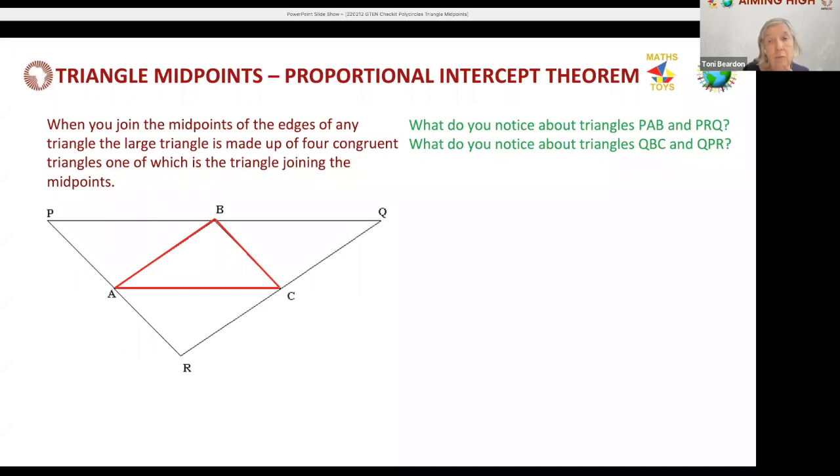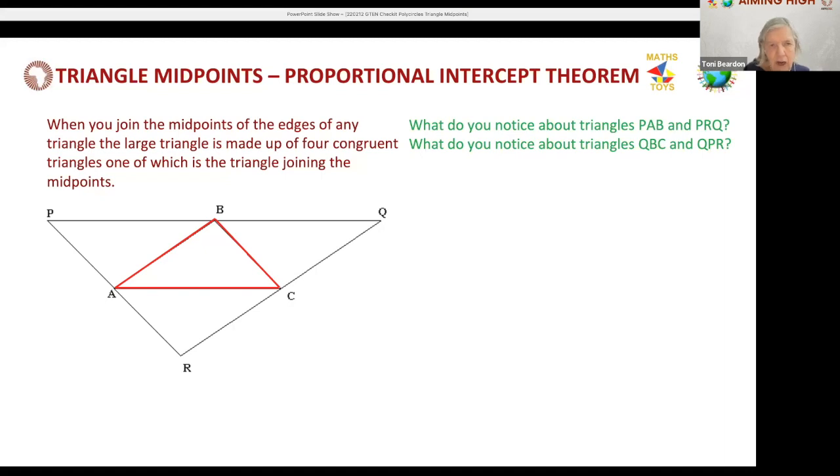So what do you notice about PAB and PRQ? PAB and PRQ, focus your mind on P. And now look at PAB and PRQ. And we're going to introduce yet another branch of mathematics, if you like.